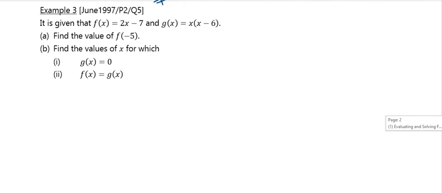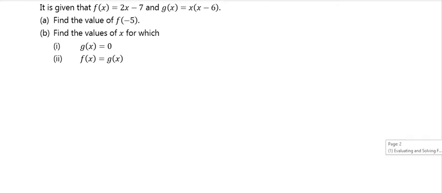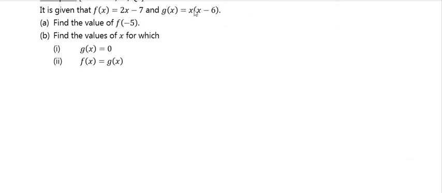Alright, let's proceed to example number 3, taken from paper 2, question number 5, June 1997. So it is given that f(x) equals 2x minus 7 and g(x) is x(x minus 6). Okay, so the first part will be find the value of f(-5).